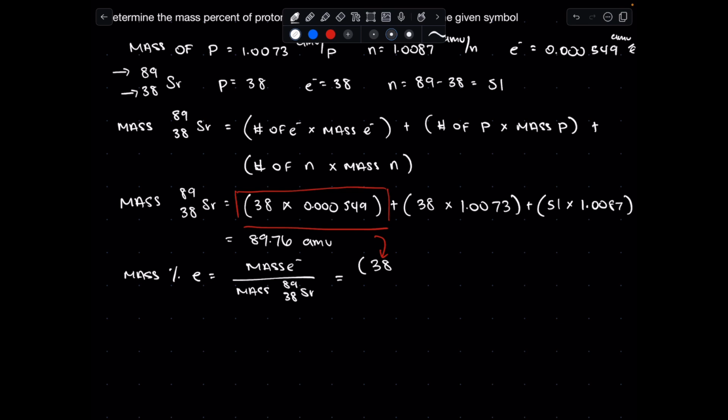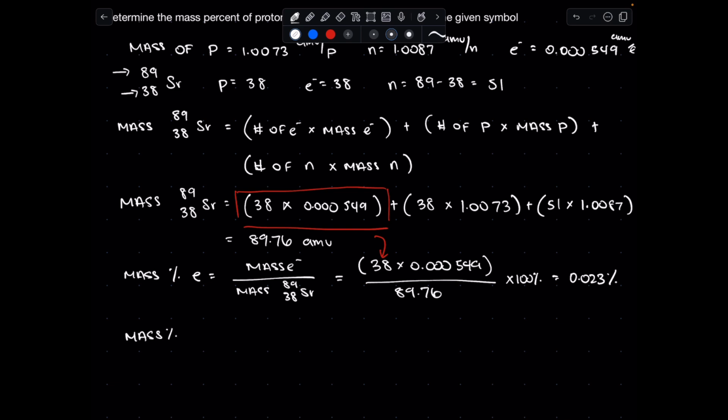That's going to be 38 times 0.000549, all divided by our mass, which we just found, which was 89.76. Then we need to multiply this by 100 because we're doing percent. And this is going to come out to, after we plug into our calculator, 0.023%.